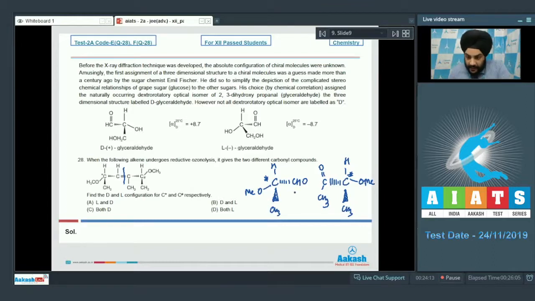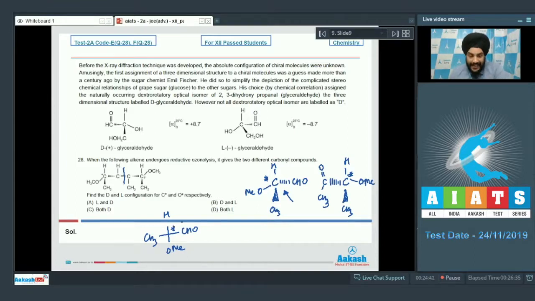So if we try and convert them into the Fischer representation, students, we're going to have to look from this direction again, as we've done in the first case. So H will occupy the top position, whereas OMe will occupy the bottom position. So CHO will be towards the right and CH3 will be towards the left. So CHO will come towards us on the right and CH3 will come towards us on the left. So this is C star.